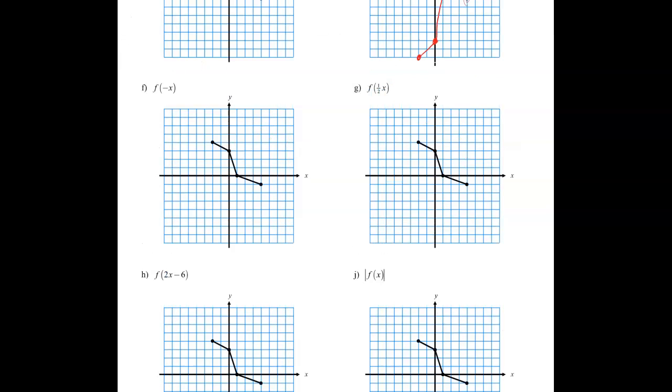Next one. So the next one has f of negative x, so all that's going to do is give you a reflection over your y-axis, or you can just think, hey, I'm going to take my x values and make them the opposite of what they are currently. That's cool too. So I'm going to take my point here and reflect it over the y-axis, which will put me here.